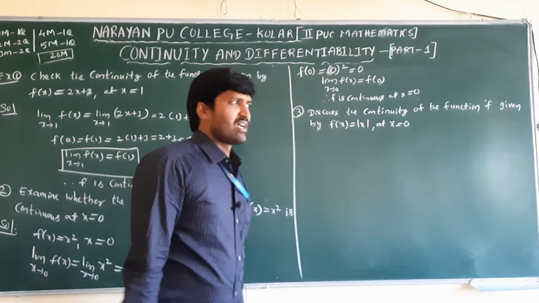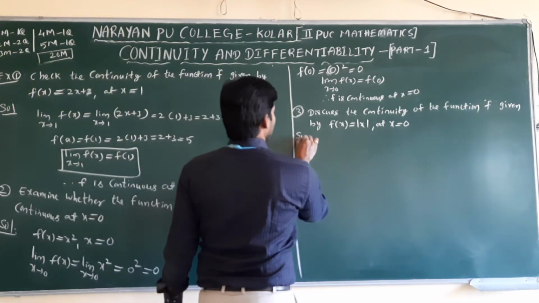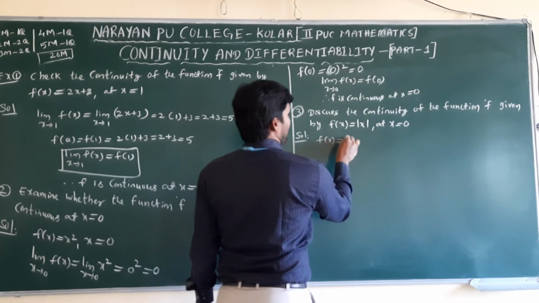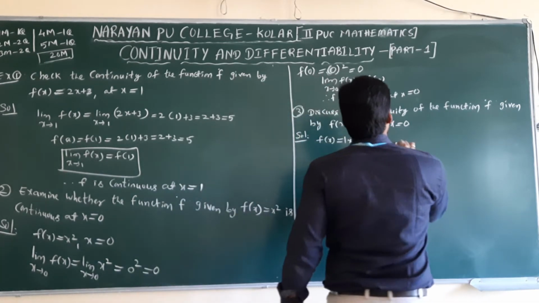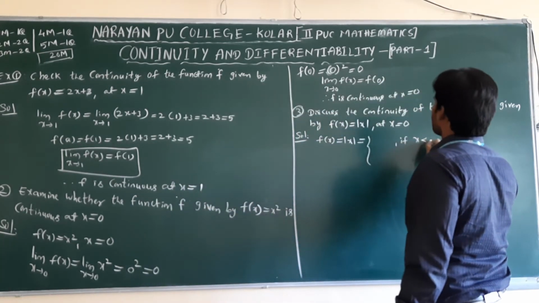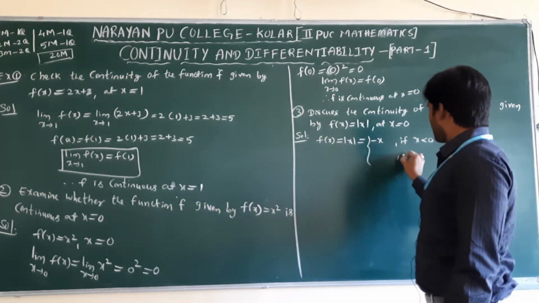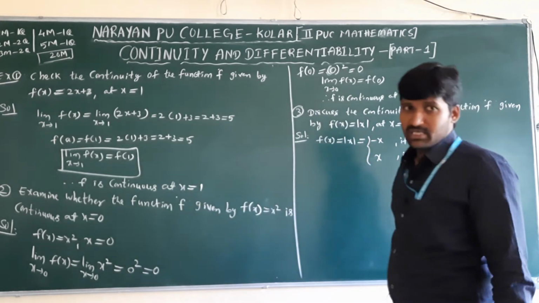Here mod x has conditions, because the nature of mod x is different. f of x equal to mod x has two sets of conditions. If x is less than 0, for all negative values mod x becomes minus x. If x is greater than or equal to 0, it becomes plus x.